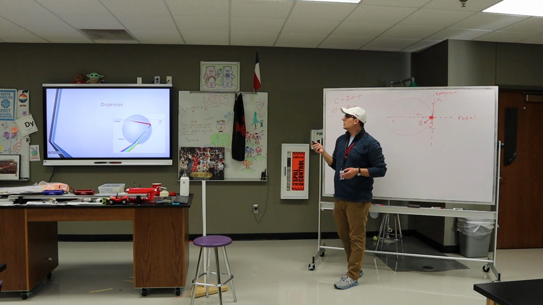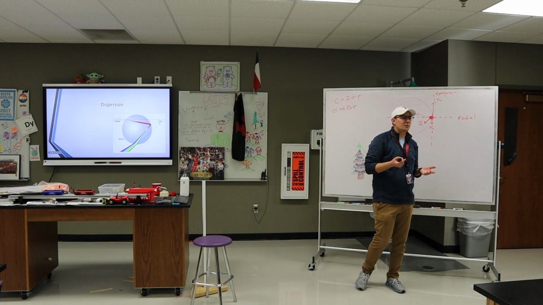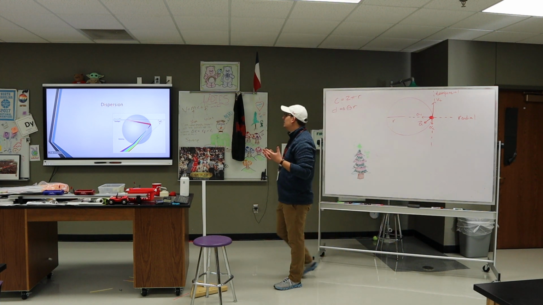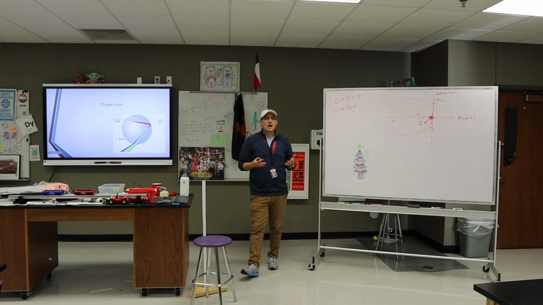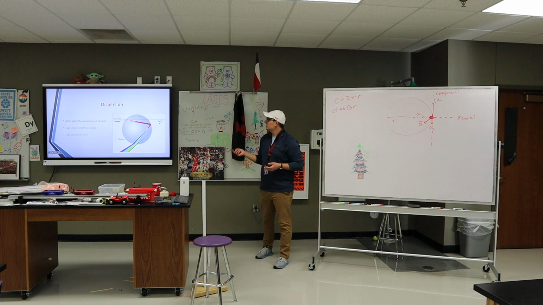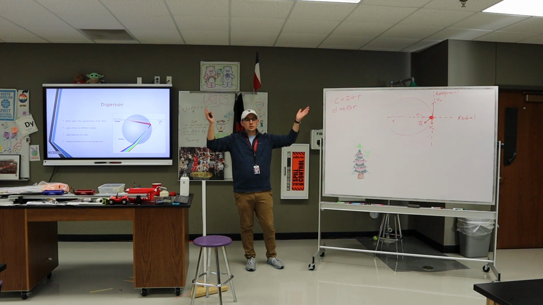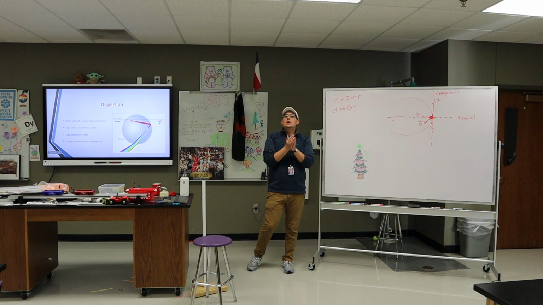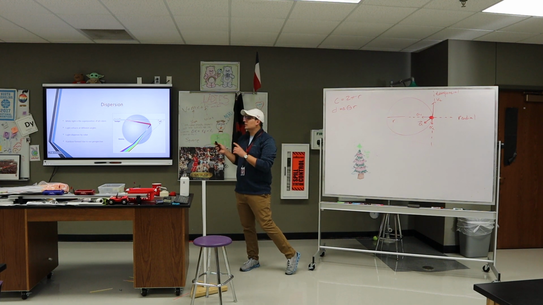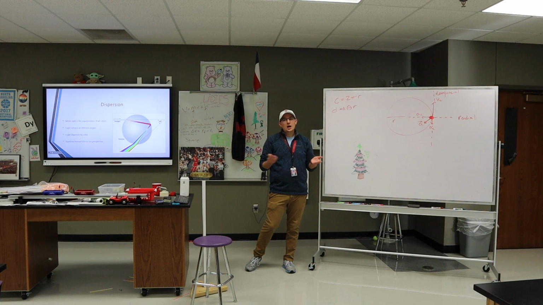All right, this brings us to dispersion, so now we can talk about what's going on here. If we understand that light is going to bend as it passes through a medium, then we can understand that white light is actually made of all the pure photons of light. And so as that light passes through, all of that light is going to bend, right? It's all going to go through this refraction process. And the short story here is that the light disperses by color.